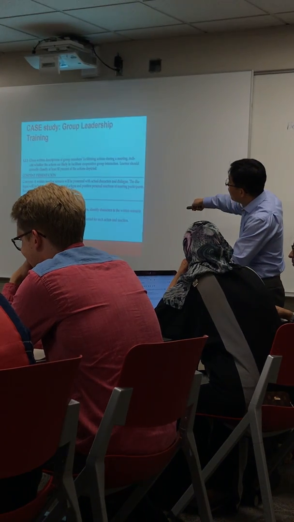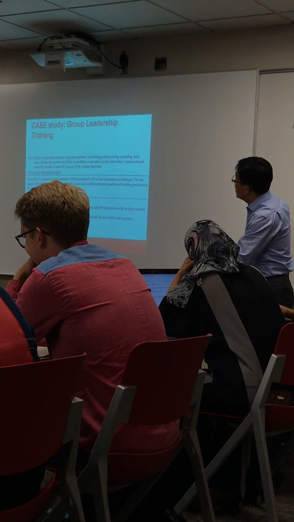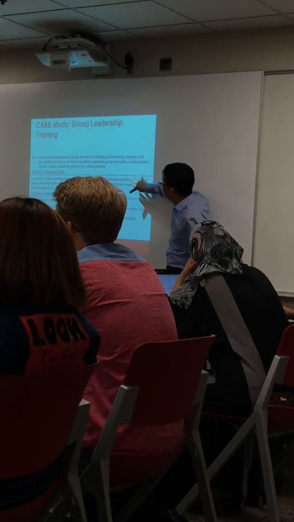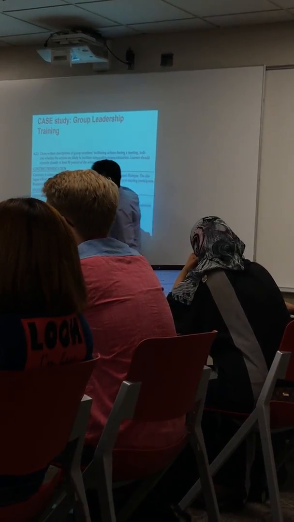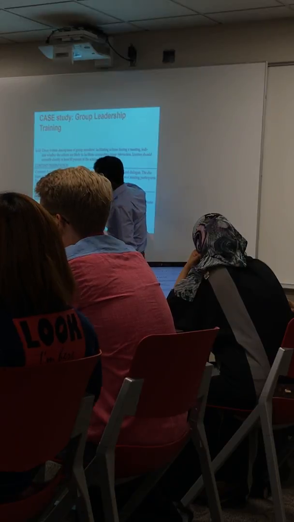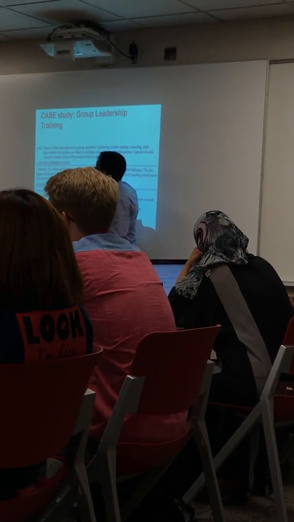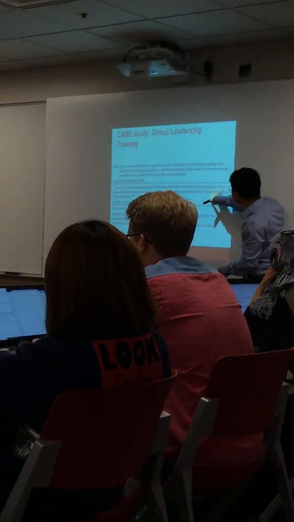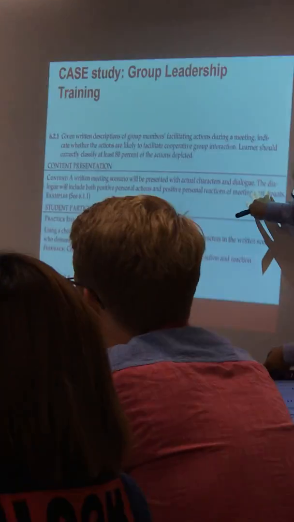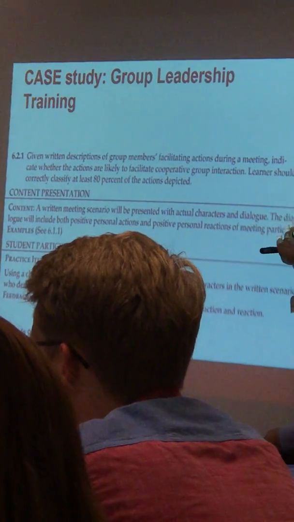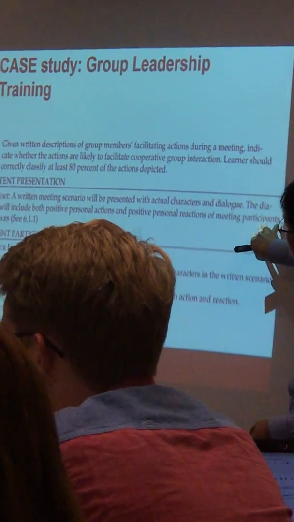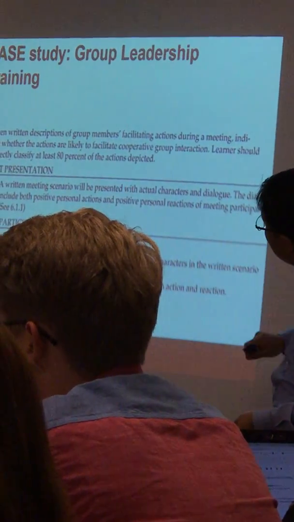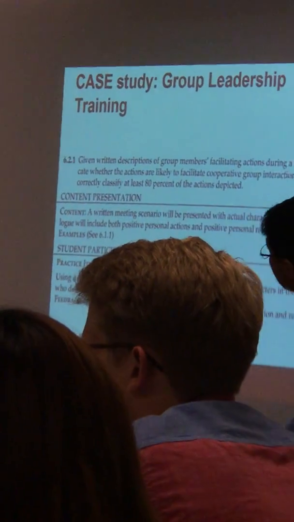So this is an example form of presentation. So when you read this one, written meeting scenario. So here, meeting scenario will be provided, and they will practice with this scenario.